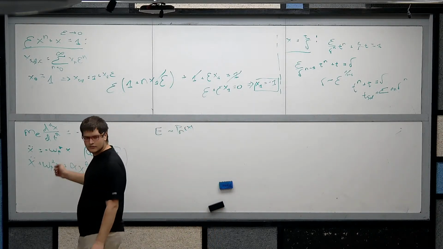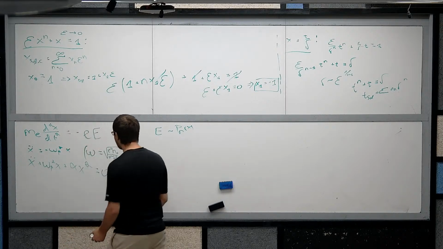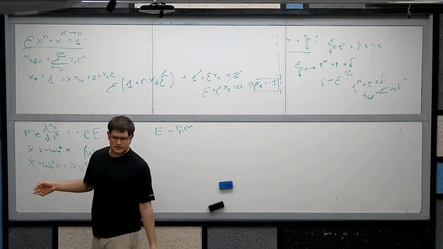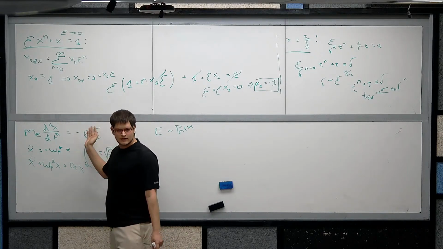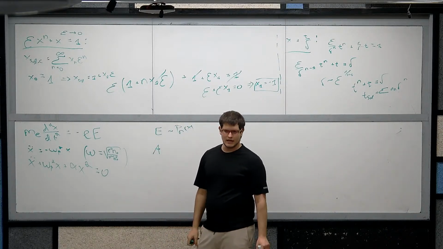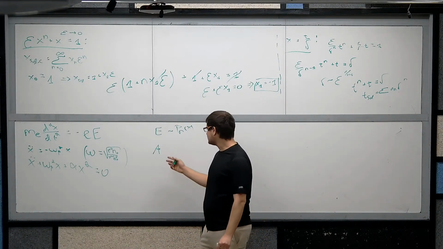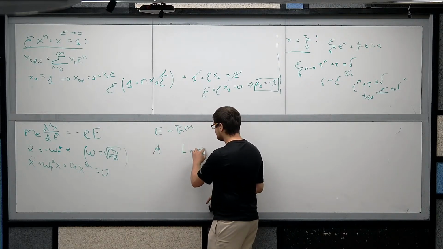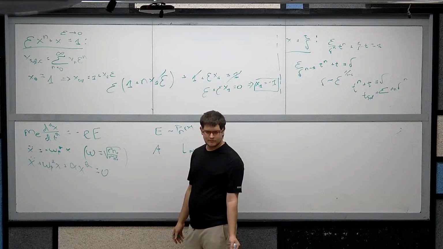And what I will say, because I think it's nice, is the largest length that I can get in the system, in the oscillation, which will be the zeroth order amplitude, A. That is practically L max, the largest length of the system.